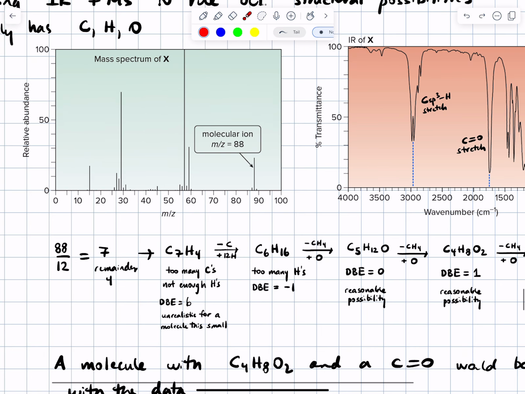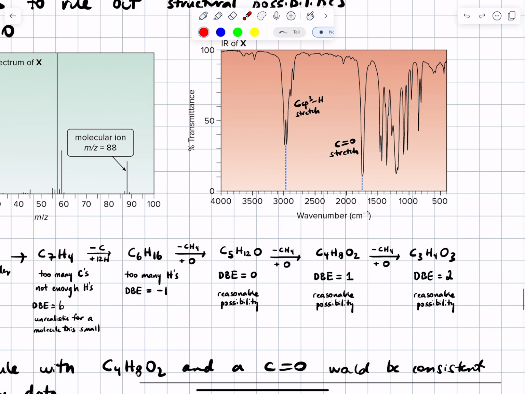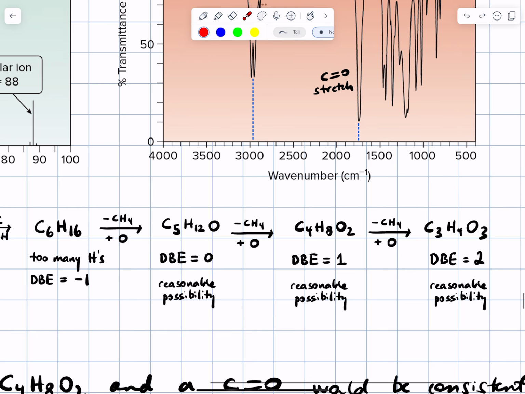And this process is not that useful, so I won't ask you to go through it. But at the end, I had 3 possibilities that are consistent with a molecular weight of 88. C5H12O, C4H8O2, C3H4O3. All of those add up to 88.